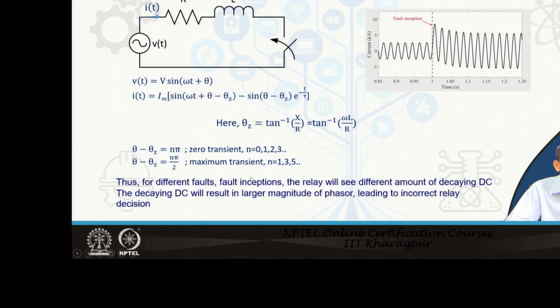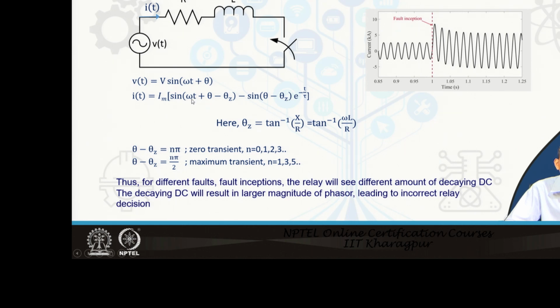From here we see that depending upon the fault inception, the location, and the different types of fault, the relay will observe the decaying DC component, which is an additional component to the sinusoidal component.